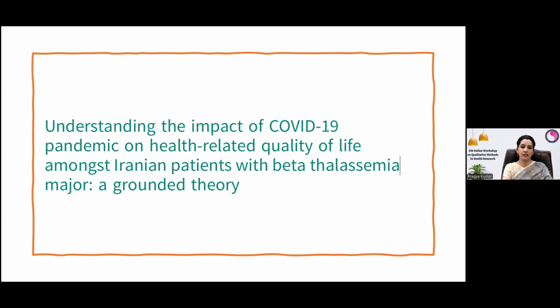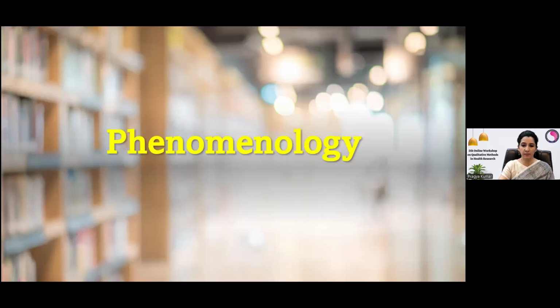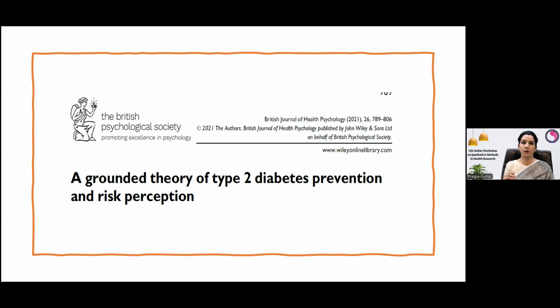So this is one article. Again, this is another article, a grounded theory of type 2 diabetes prevention and risk perception. This was done on Asians who are living in London. If you go through this article, you will see that people living in London also don't want to get themselves treated.